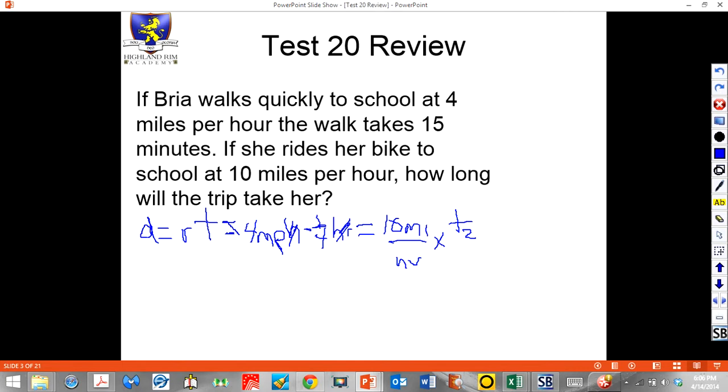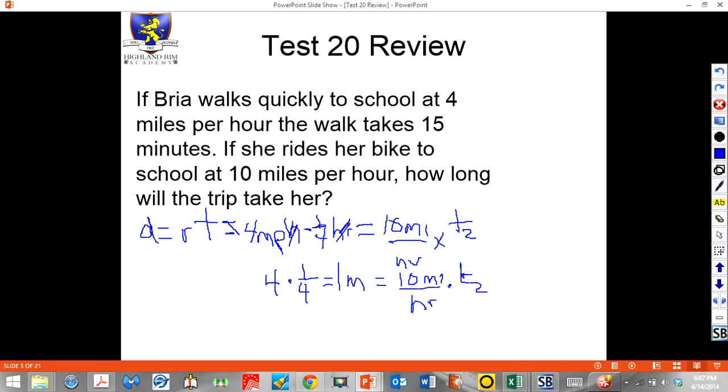As we work that out, 4 miles per hour times 1/4 is equal to 1 mile, which is equal to 10 miles per hour times T2.